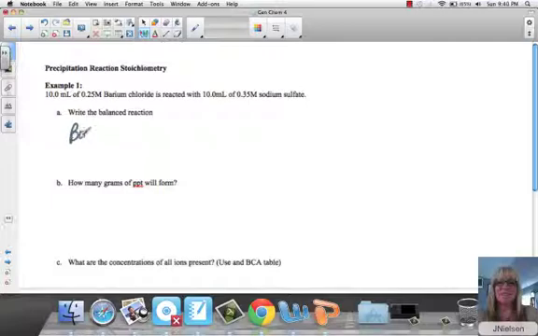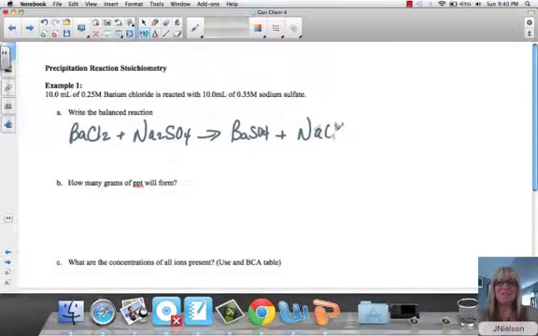So we've got BaCl2 plus Na2SO4. And this should be a double replacement reaction, so we've got BaSO4 plus NaCl. And we need a 2 here. And everything else looks good.